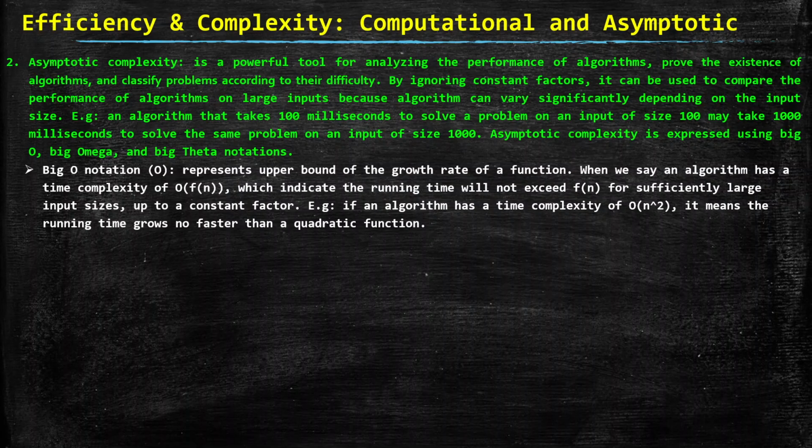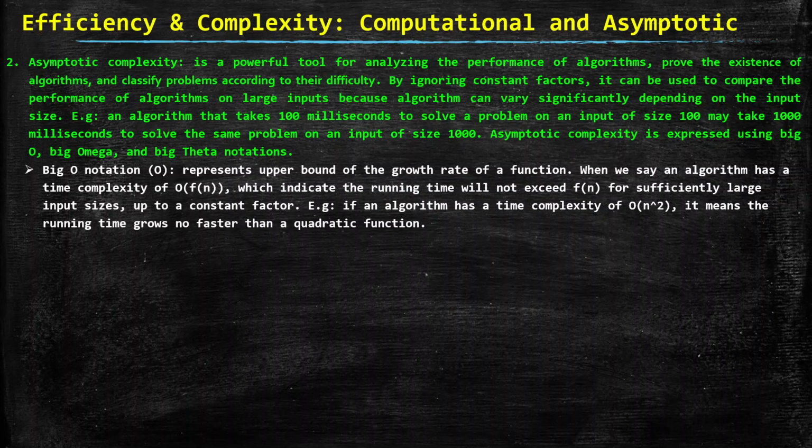For example, an algorithm that takes 100 milliseconds to solve a problem on an input of size 100 may take 1000 milliseconds to solve the same problem on an input of size 1000.